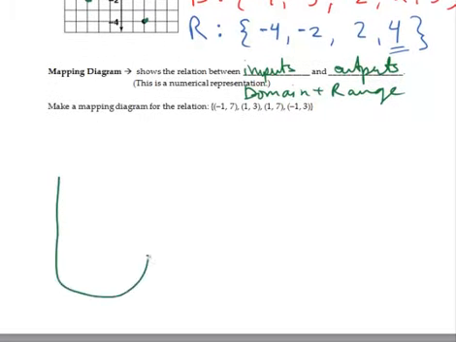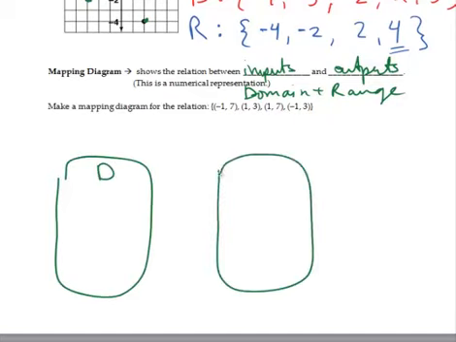We make a section for all the domains, we make a section for all the ranges, and we're going to list all the x's. So -1 here, 1, 1, I already have it, and -1, I already have it. Then we have 7, and 3, 7, and 3. And again, I already have those.